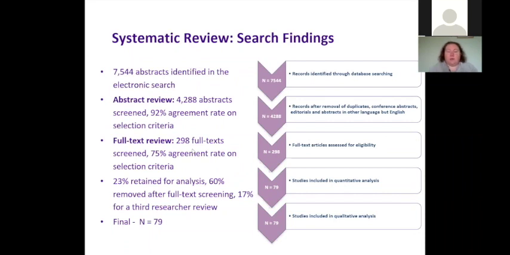You can see the flow of numbers there, from the removal of duplicates, removal of non-relevant papers, particularly papers that didn't explicitly have information about the process of knowledge transfer or processes related to knowledge transfer. We had just under 300 full text articles that we assessed for relevance, and we ultimately ended up with 79 papers that provided some information.